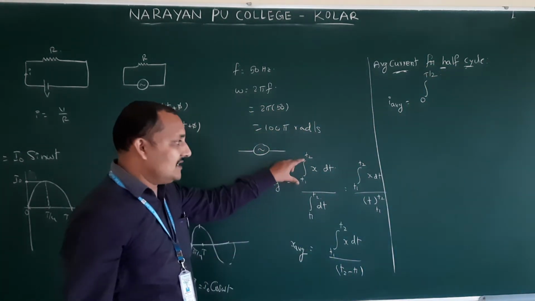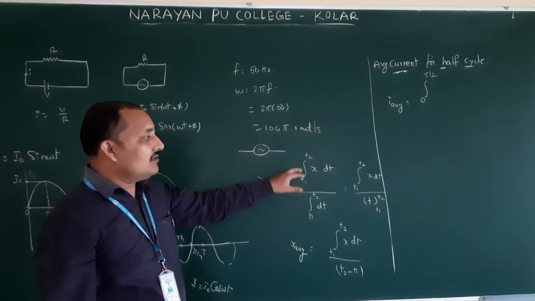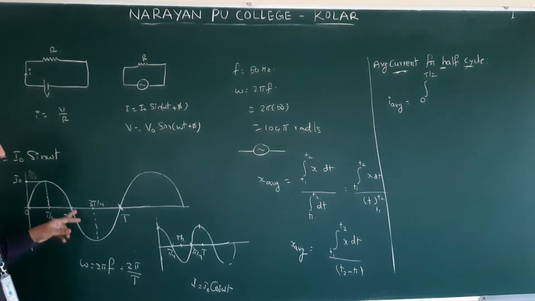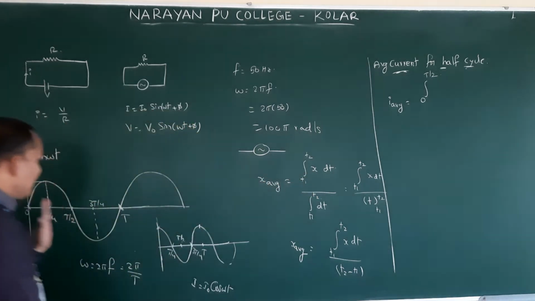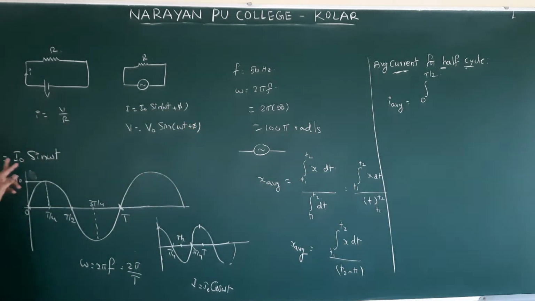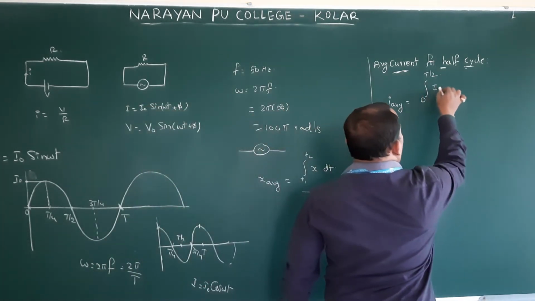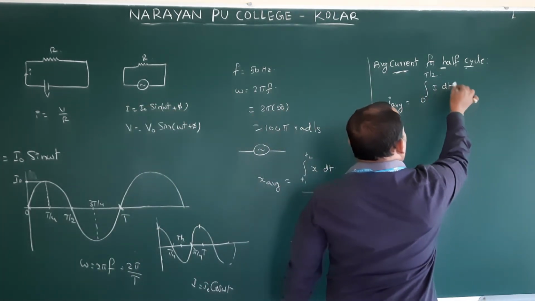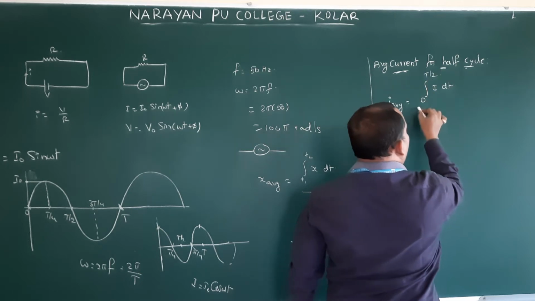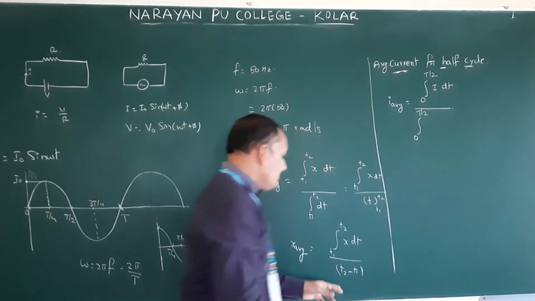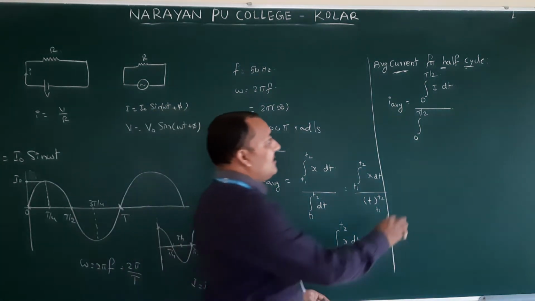Understood how we wrote it? This is the general equation, like 0 to 100 students. So 0 to T by 2. In place of x, what is changing here? y is equal to I naught sin omega t. Therefore, the integral of I dt, in place of x I have taken I, from 0 to T by 2, and in place of dt we have dt only.